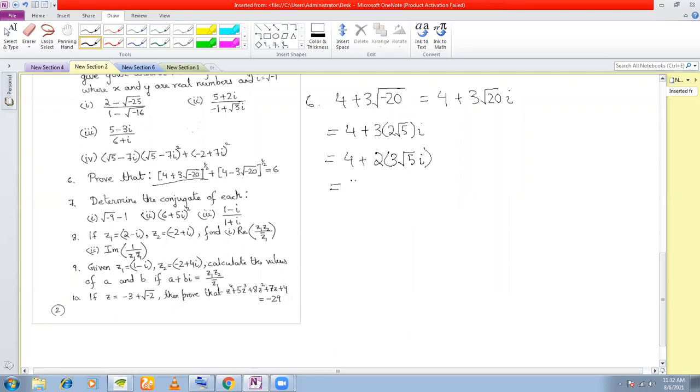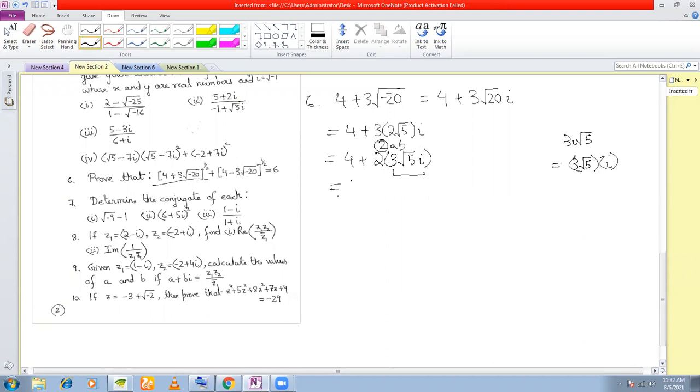Now I want to express this as 2ab. I already have a 2. So the question is 2ab. Which one should I take as a? Which one should I take as b? Now 3i root 5 can be split as 3 root 5 into i. You can split it this way, right?